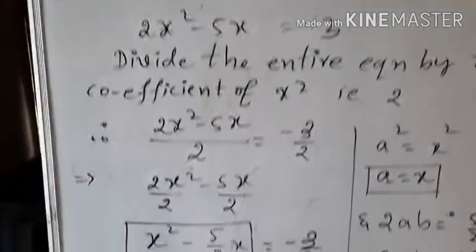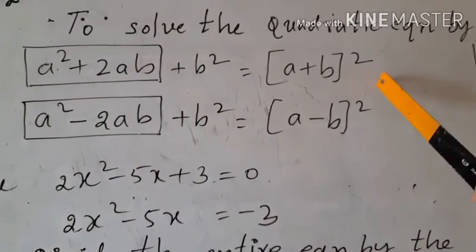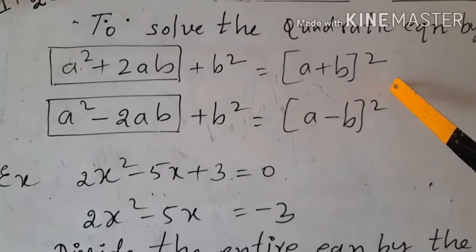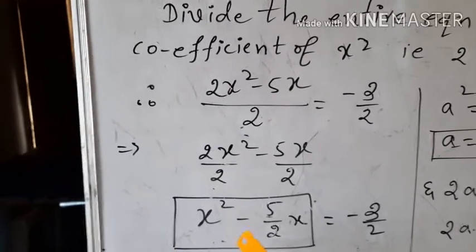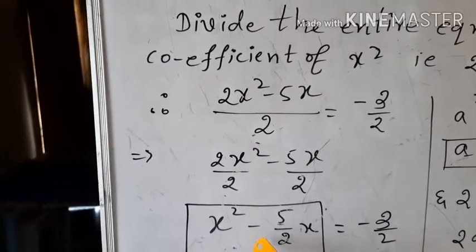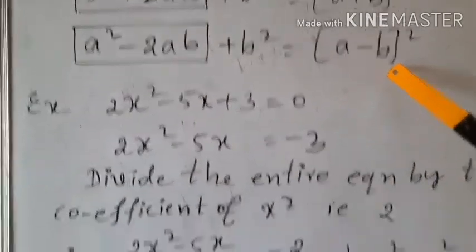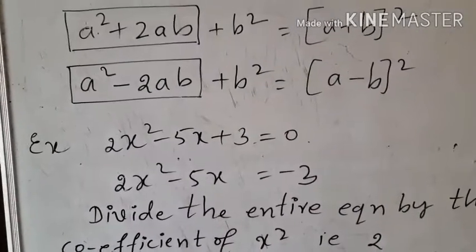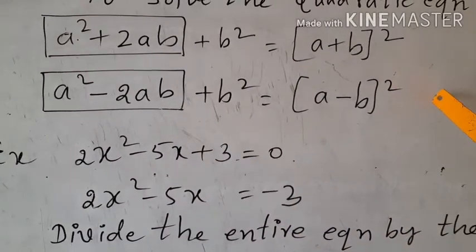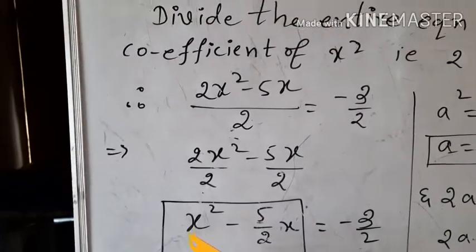This should be in either the (a minus b) the whole square form or the (a plus b) the whole square form. Here, if it is minus, then we should bring it to the (a minus b) the whole square form. In case it is plus, we should bring it to the (a plus b) the whole square form. Okay.